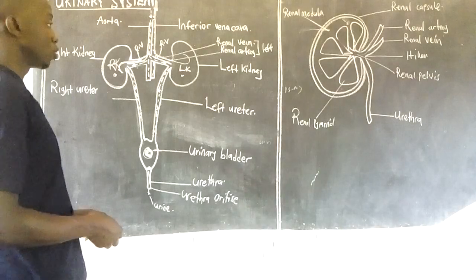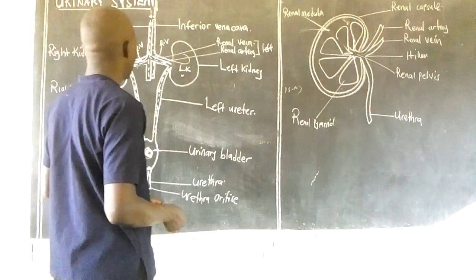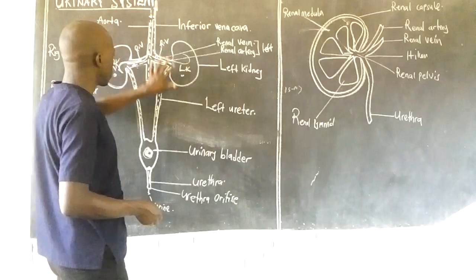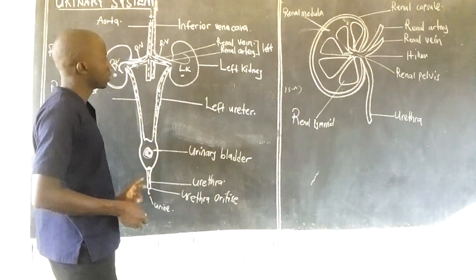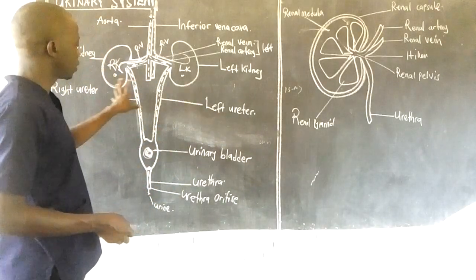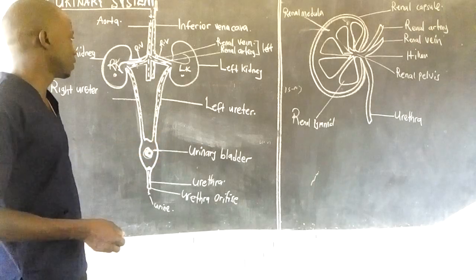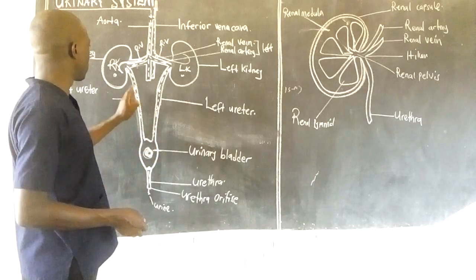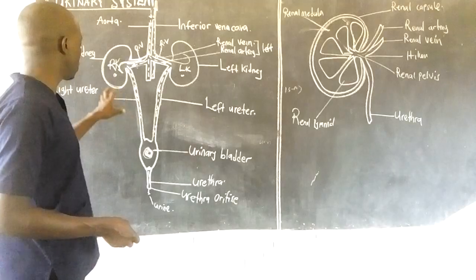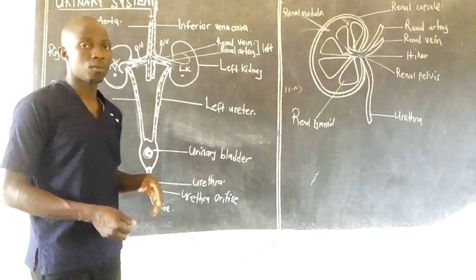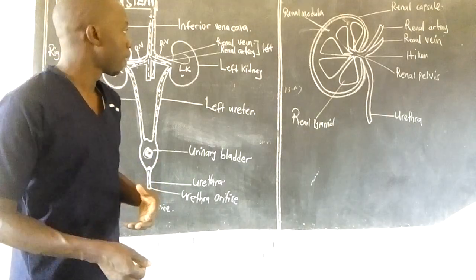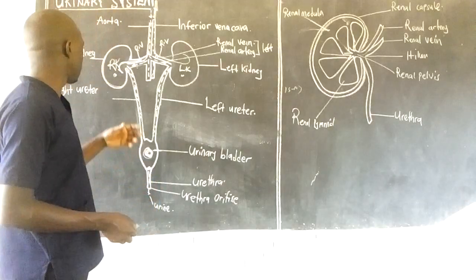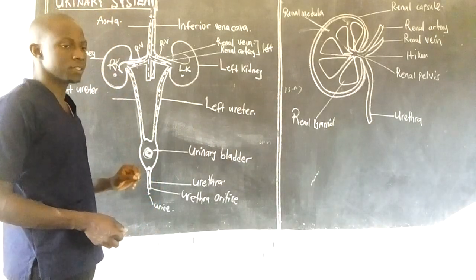So we shall now try to look at the anatomical structures and their characteristics of these parts of the urinary system. Parts of the urinary system, or the organs of the urinary system, we shall begin with the kidneys.